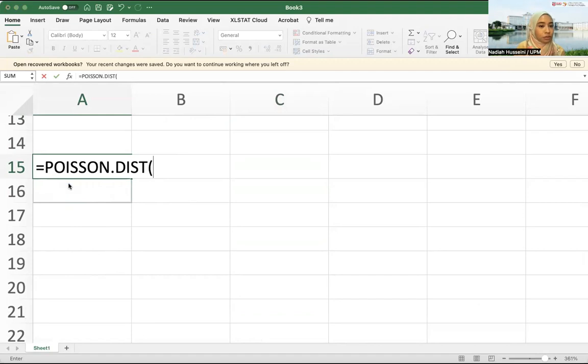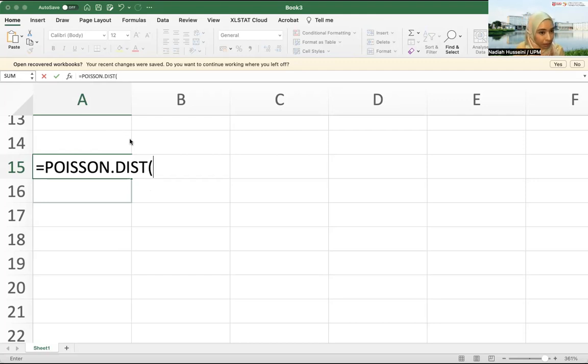The Poisson distribution function returns a Poisson distribution. A common application of the Poisson distribution is predicting the number of events over a specific time, such as the number of cars arriving at a toll plaza in 1 minute. Here, X is the number of events.